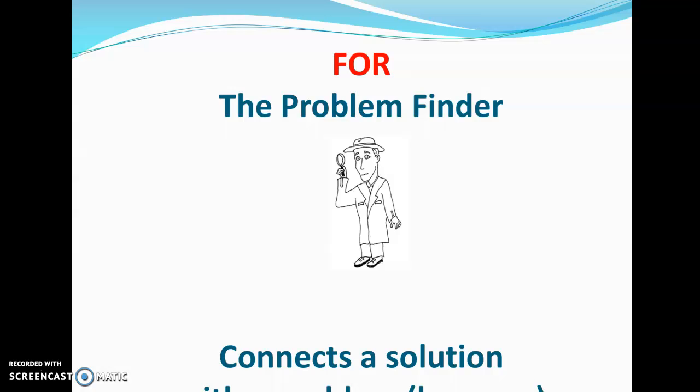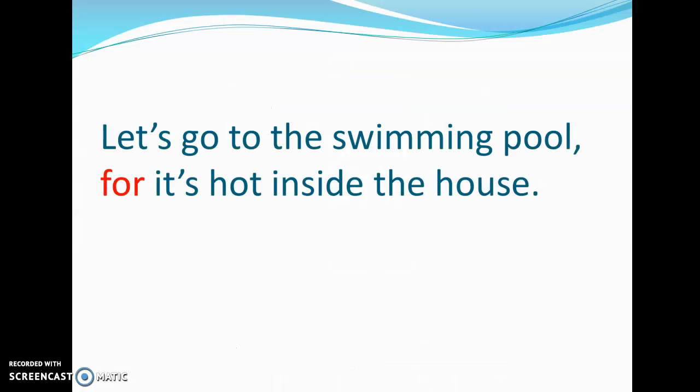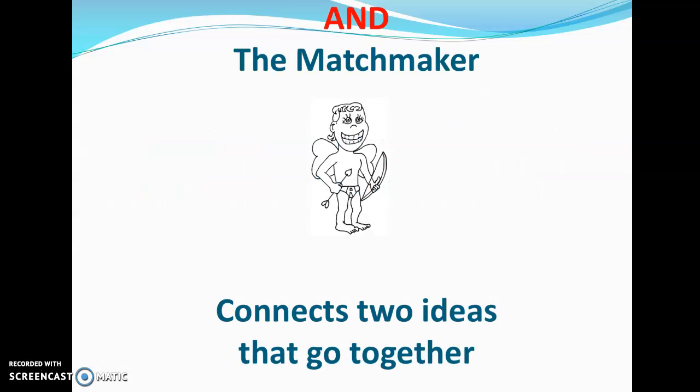Let's take some examples. For, the problem finder. It connects a solution with a problem. It's like because. For example, let's go to the swimming pool, for it's so hot inside the house. And is when you have two things adding. The matchmaker connects two ideas that go together.